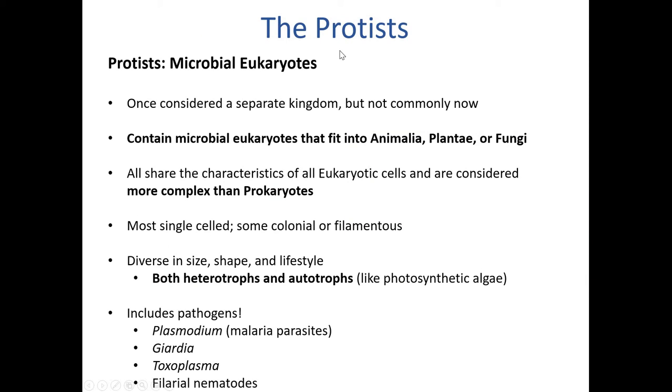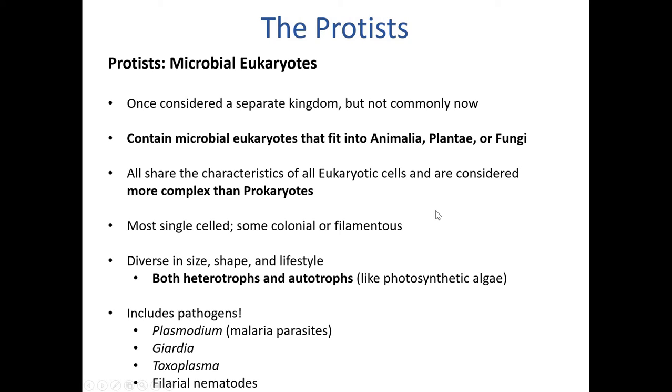So microbial eukaryotes are called the protists. Protista was once considered a separate kingdom, but it's not really commonly thought of that way now. The reason for that is that protists contain microbial eukaryotes that closely resemble animals, plants, or fungi.